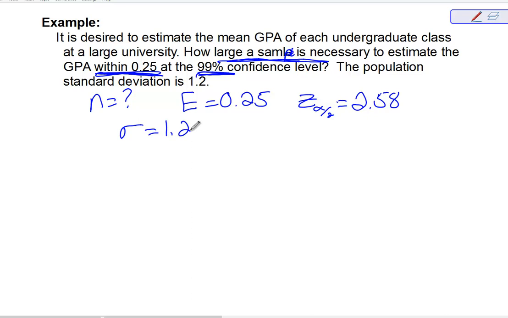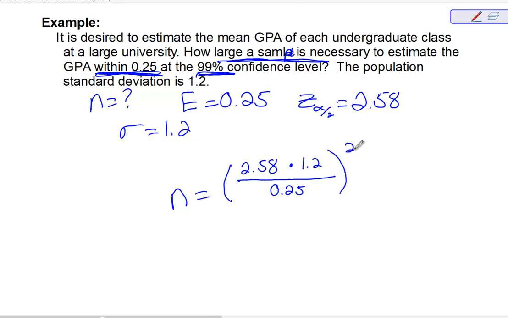So if we plug these into our formula, n is equal to our z, which is 2.58, times your standard deviation, which is 1.2, divided by your margin of error, which is 0.25, that amount squared. Make sure that you solve everything inside before you square it. Wait till the very end to square it.